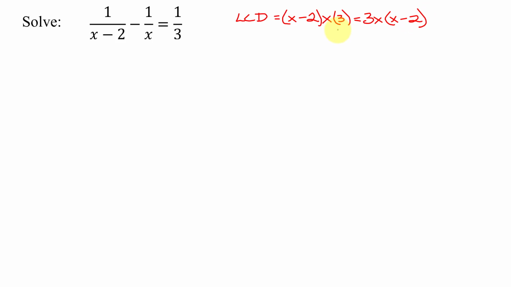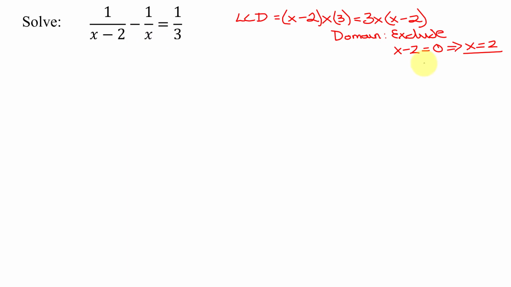At this point, it's good to find the domain of the equation. And remember, we can't divide by 0. So we're going to have to exclude values that make denominators equal to 0. So you take your first denominator, x minus 2, set it equal to 0. Add 2 to both sides, so you're going to have to exclude x equals 2.